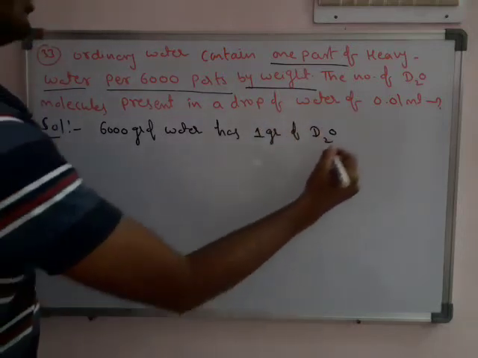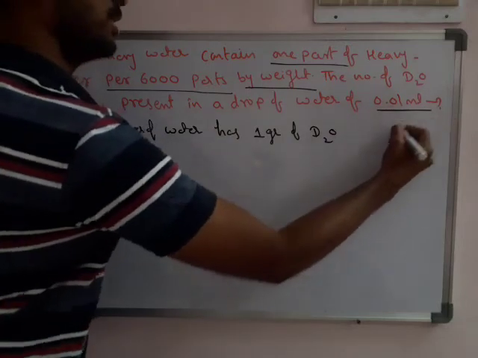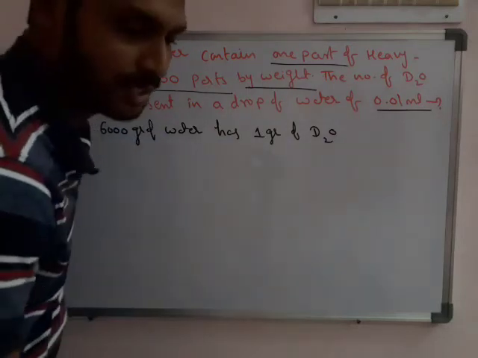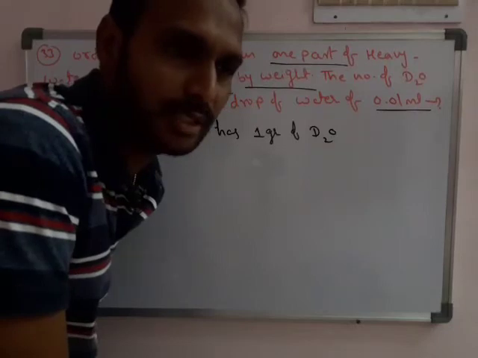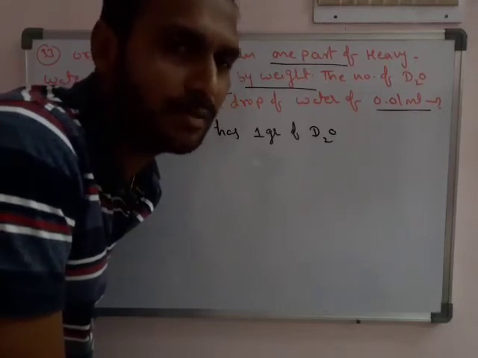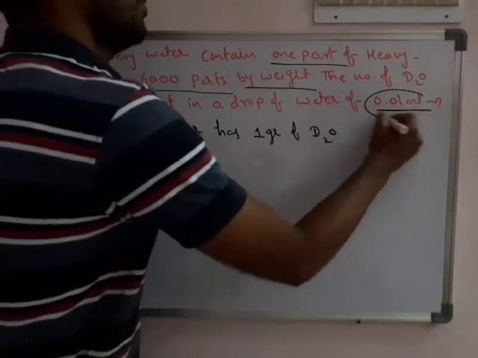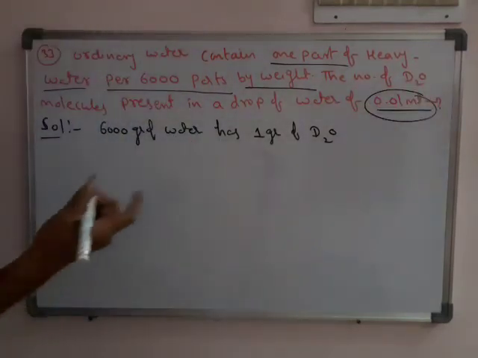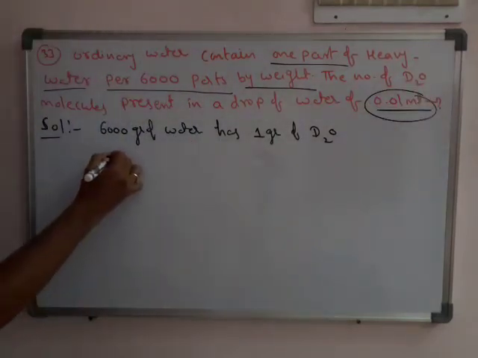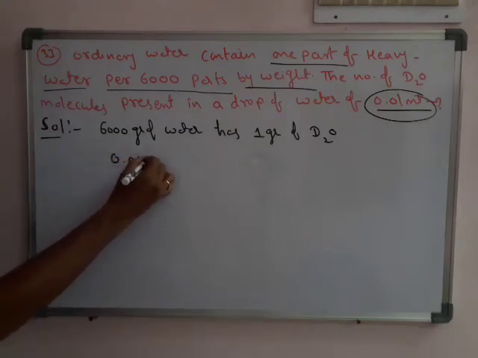We know that the density of water is 1 gram per cc, or 1 gram per milliliter. We have to find out for 0.01 milliliter. Since it is water, we can directly write 0.01 gram.